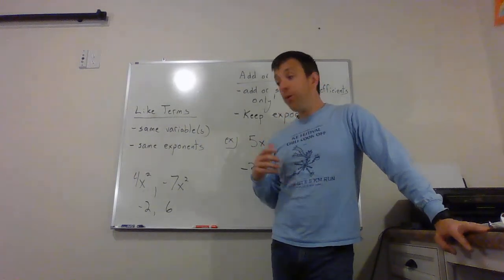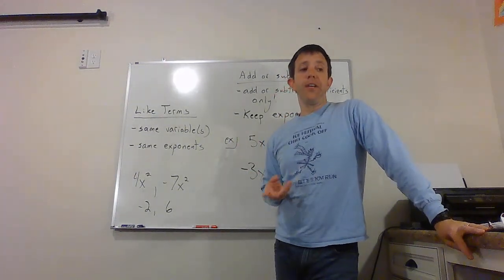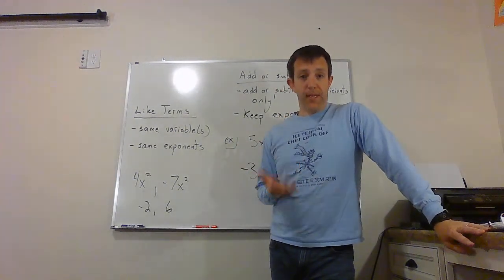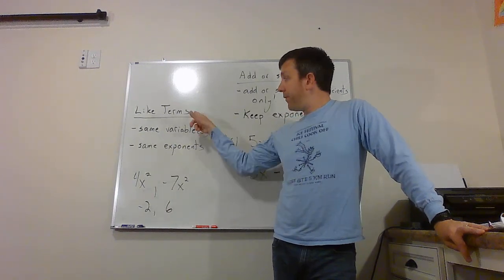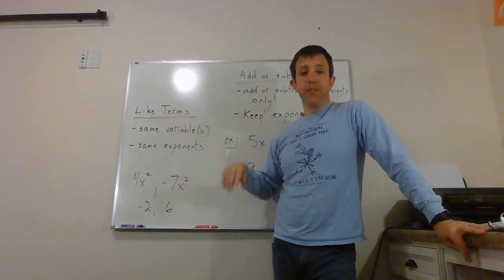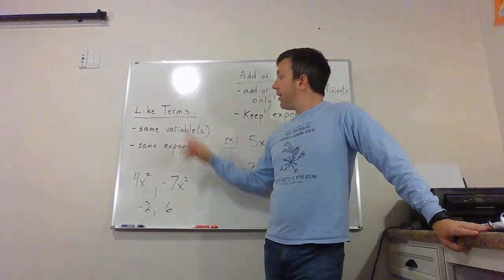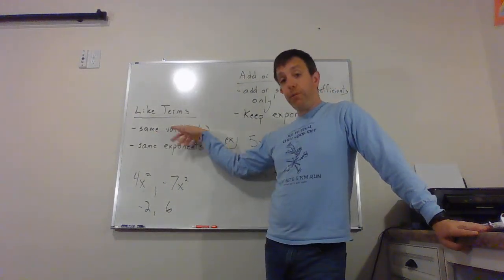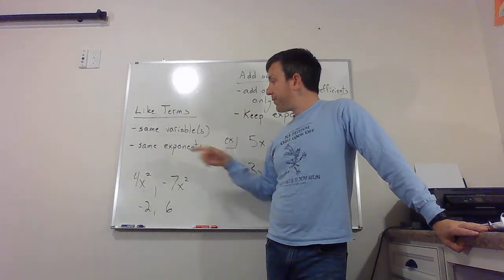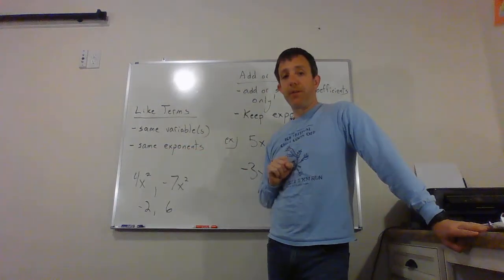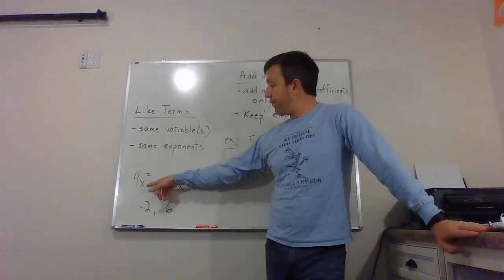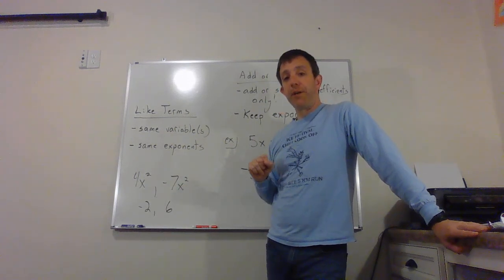All right, so when we want to add and subtract, we can only add things that are the same kind of thing. You have probably seen the term like terms, or similar terms. Like terms have the same variable or variables if there are multiple variables, and they have the same exponents. Some examples would be 4x squared and negative 7x squared. They both have x.